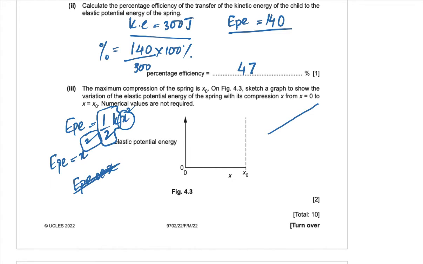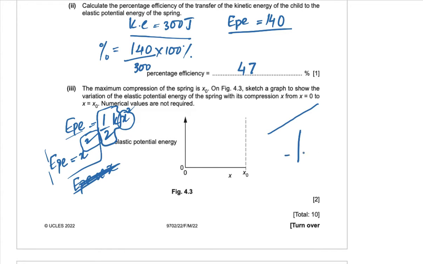But since this is not the case, we're not going to have a straight line, but a curve, a kind of parabolic shape where the gradient must be increasing all the time.